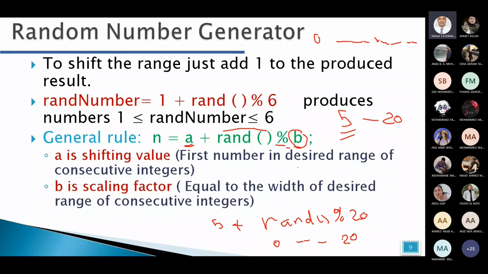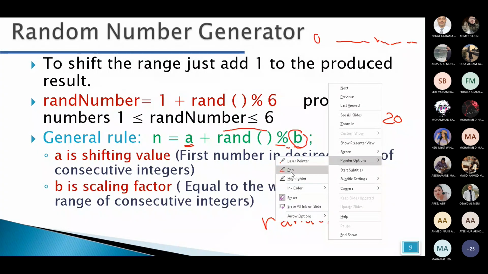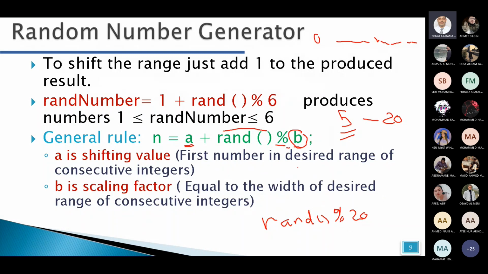Of course, this will give me numbers from 5 to not 20, actually. From 5 to how much? Let me just correct it. This will give me numbers from 0 to 19 before the shift.